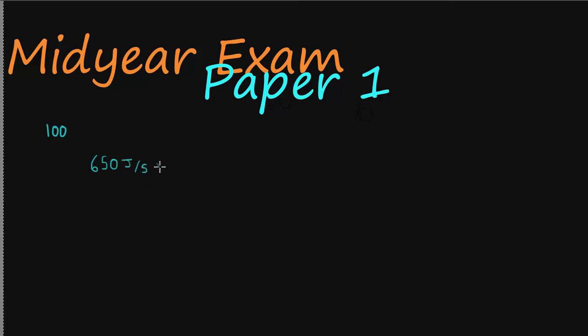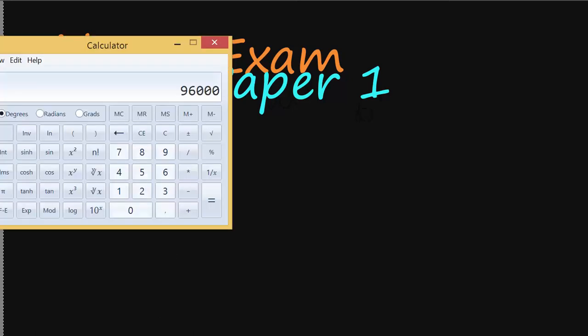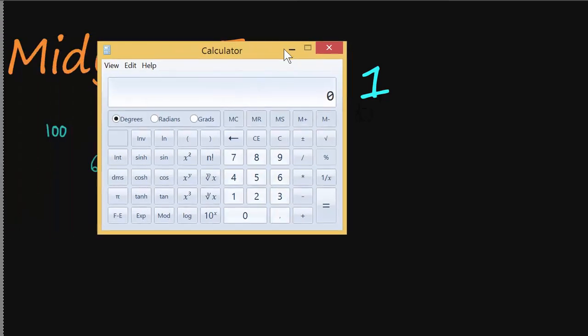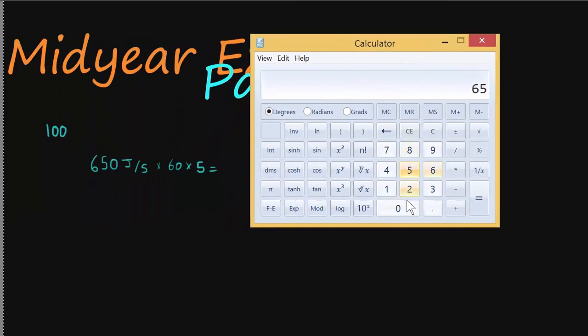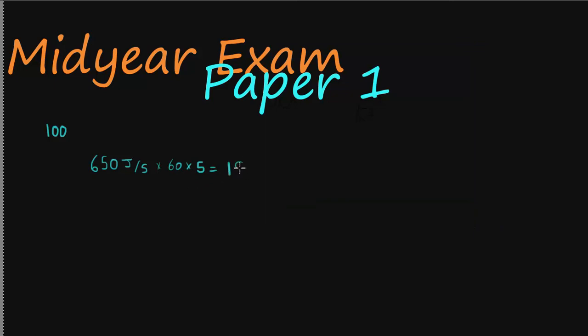If I multiply that by 60, that's how much energy it will use per minute. And for 5 minutes, 650 times 60 times 5 is 195,000 joules of energy being used.